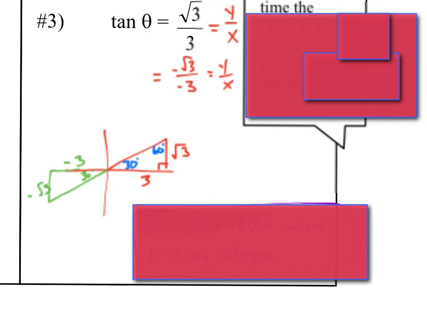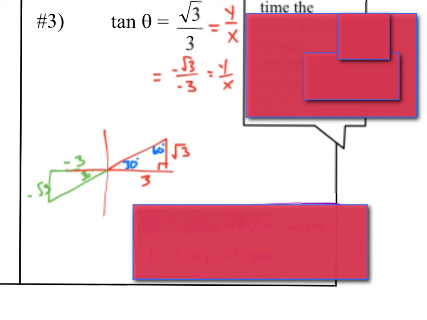If y is square root of 3 and x is 3, that would give you a 30, 60, 90 triangle. Opposite 30 is something, square root of 3. Opposite 60 is that number times the square root of 3. Square root of 3 times the square root of 3 is 3. It's a 30, 60, 90. It could also happen here in quadrant 3, where opposite 30 is negative square root of 3, and opposite 60 is negative 3.